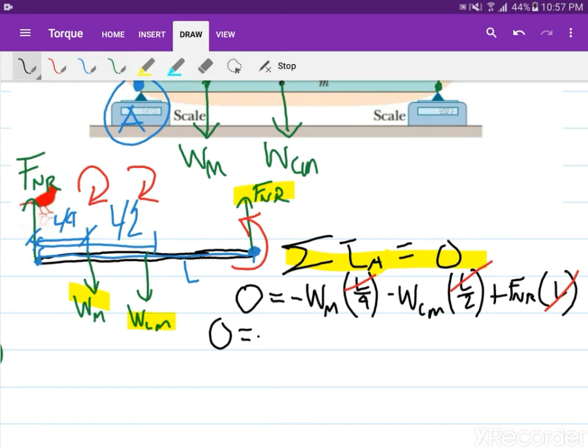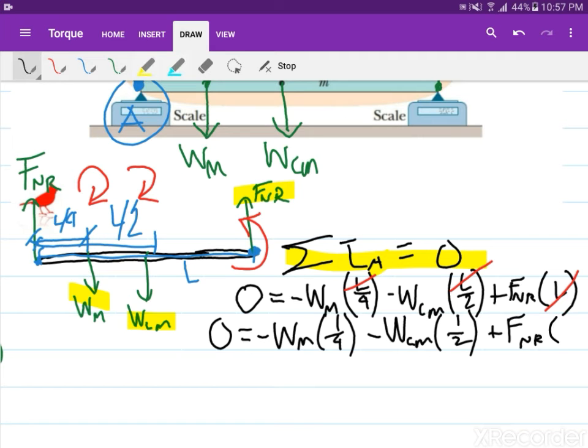So now we have minus Wm times 1/4 minus Wcm times 1/2 plus FNR times 1.